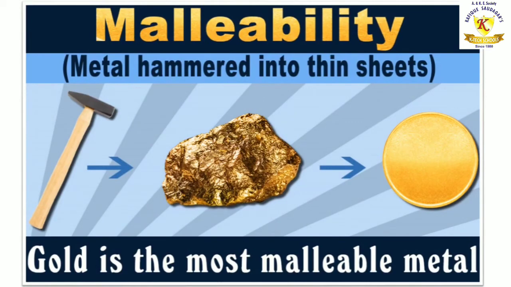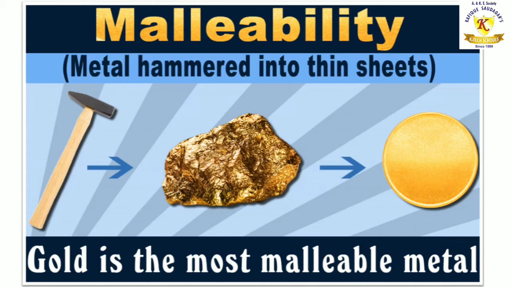Now malleability is a property where metals can be hammered and brought into thin sheets. The property where metals can be hammered into thin sheets is called malleability.